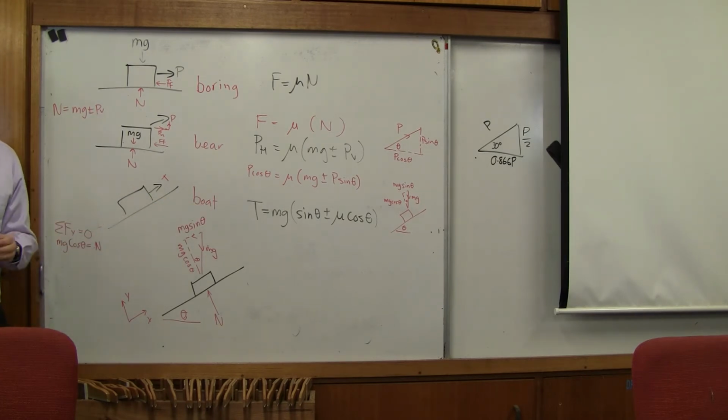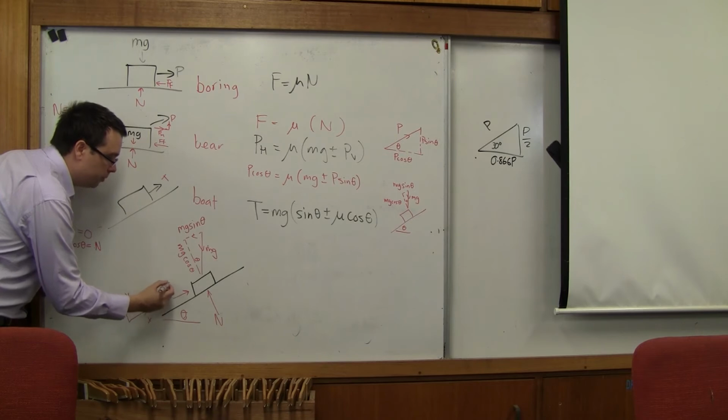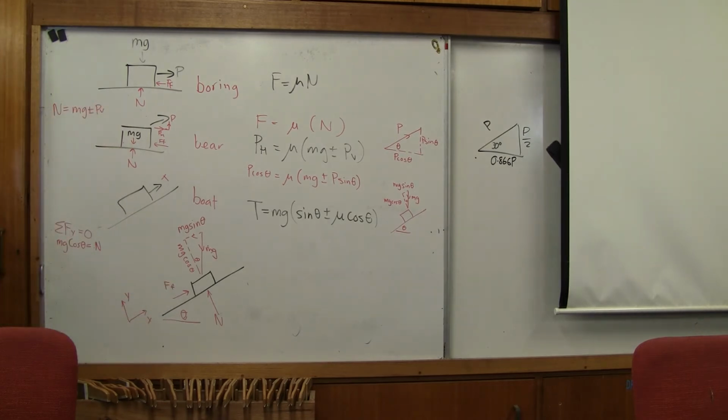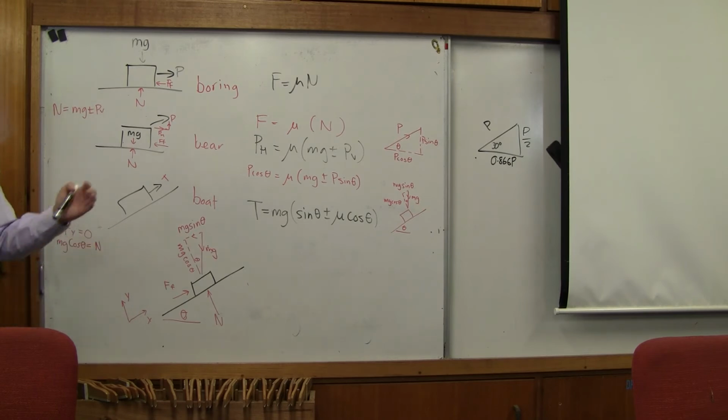What is stopping the car from rolling down the hill? Friction. So what are the forces that we have along the hill? We have friction and we have mg sine theta, and those two are opposing each other.